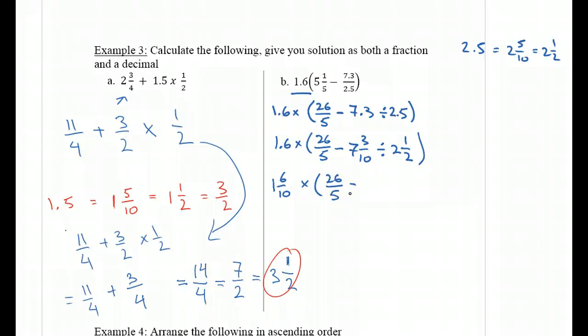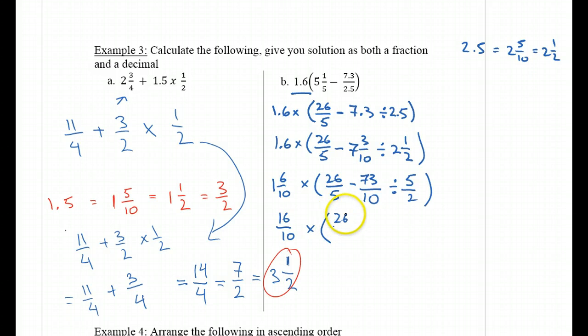So 7 times 10 is 70, plus 3 is 73 over 10, divided by 2 times 2 plus 1 is 5 over 2. Okay, let me convert this to a mixed fraction. So that's 10 plus 6 is 16 over 10. Okay, 26 over 5 minus 73 over 10.